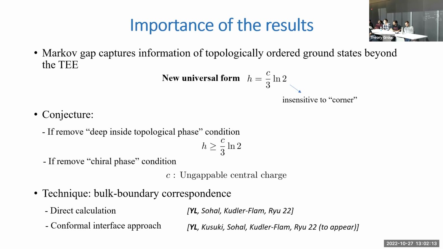You're talking about the higher central charges? Is that what you're talking about? What is your definition for the so-called ungappable charge? There's some kind of complete list of partition functions that have to trivialize in order for the theory to be gappable.